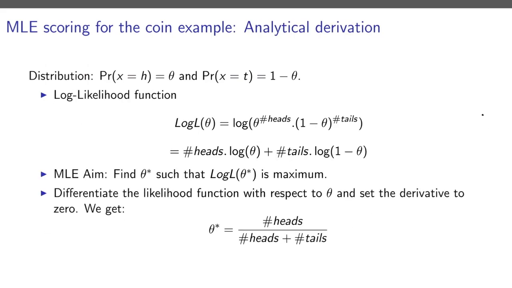A more general method, as compared to the so-called plotting method that we discussed on the previous slide, is to derive the maximum likelihood estimate analytically. One approach for that is to differentiate the likelihood function with respect to theta, set the derivatives to 0, and then solve for theta.